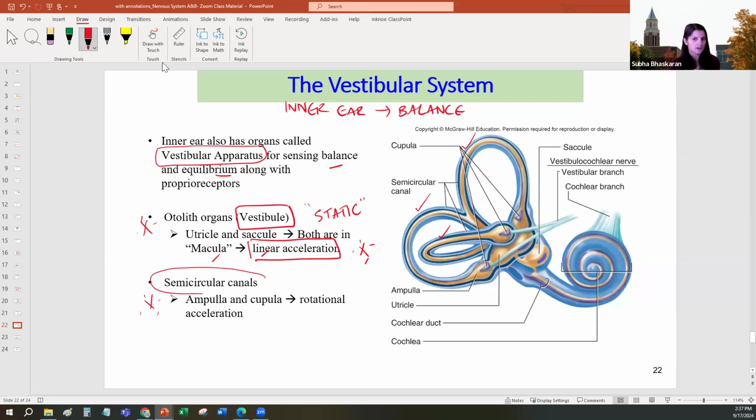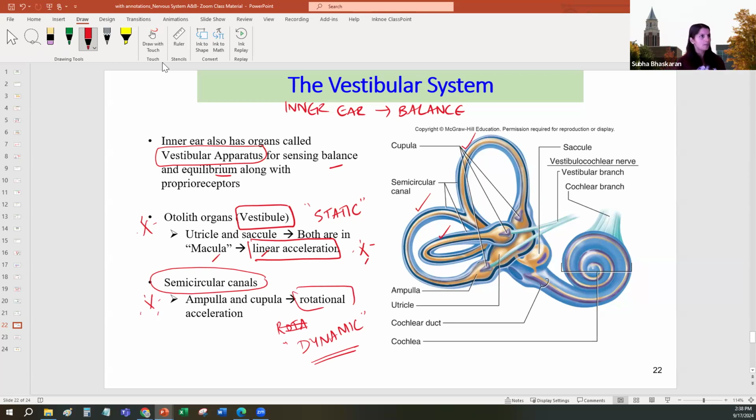Semicircular canals are rotational, or we call it dynamic. Do you think the body needs to know whether it's static or dynamic, guys? It needs to know, right? That's when vertigo and all of those things become important, right? So when there are problems, knowing the structure is where anatomy comes in.